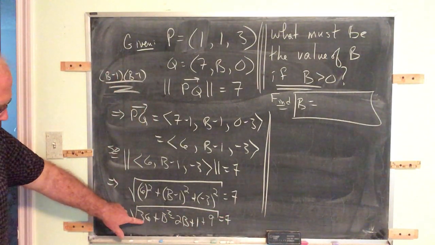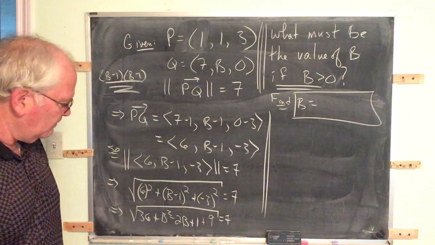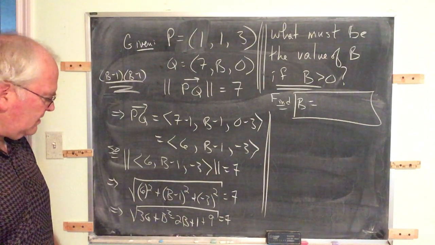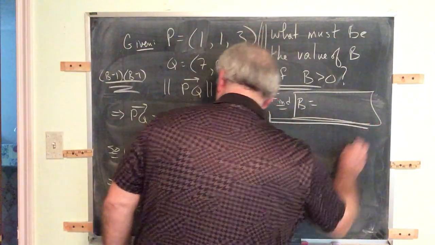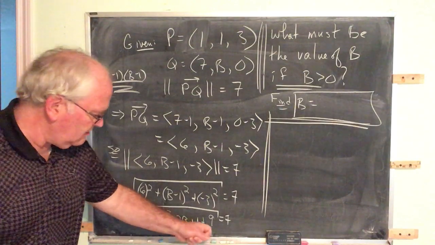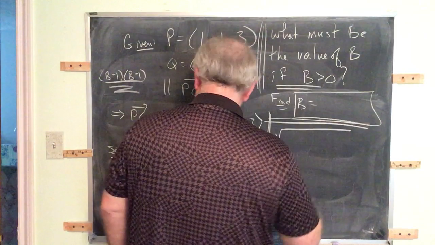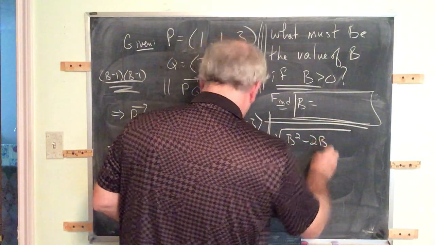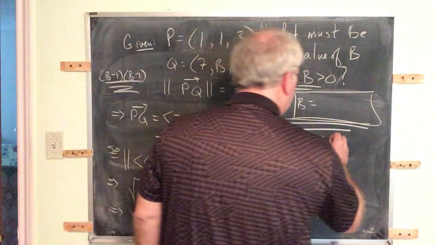So what do we have here? We have 36 plus 1 plus 9. So that's 10 plus 36 is 46. Does that look right? I have b squared minus 2b plus 1 plus 9 plus 36, which is plus 46.